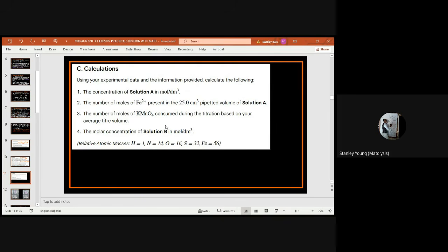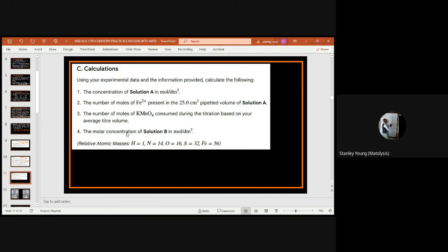We have a C part of the problem, which says we should calculate the following using the experimental data and the information provided: the concentration of solution A in mole per dm³, the number of moles of Fe2+ present in the 25 cm³ pipetted volume of solution A, the number of moles of KMnO4 consumed during the titration based on your average titer volume, and the molar concentration of solution B in mole per dm³.